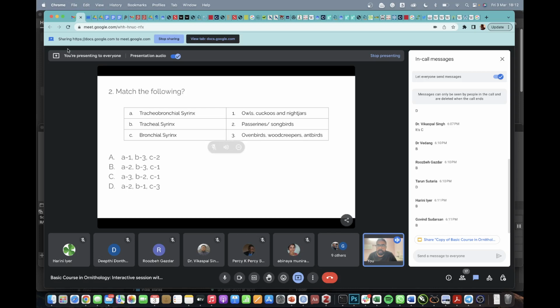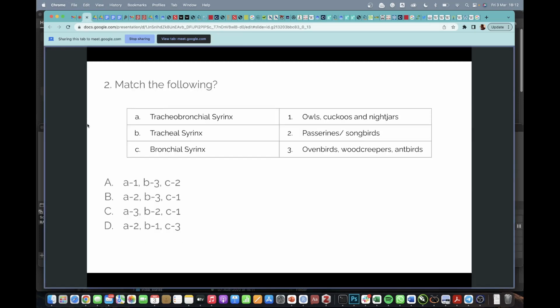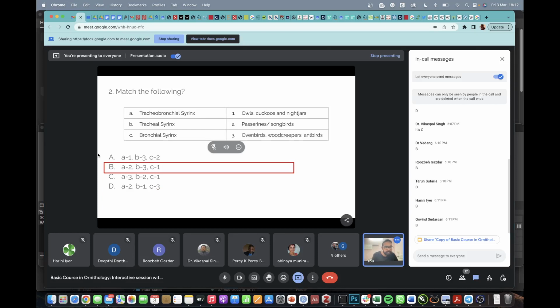All right. Let's see what the answer is. So the answer is B. I think most of you knew that tracheobronchial syrinx is for passerines, which is the dual syrinx. So it sits somewhere in between the trachea and the bronchi.